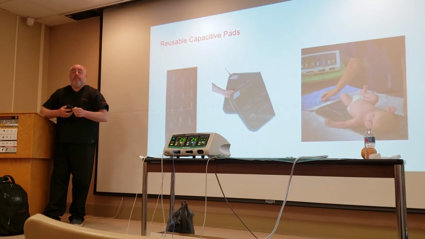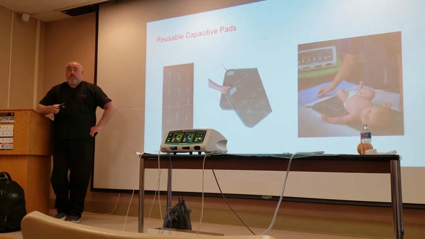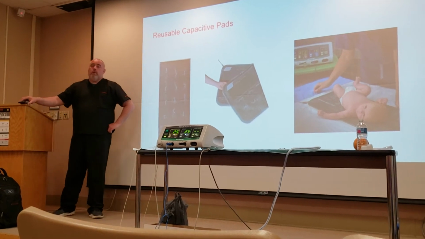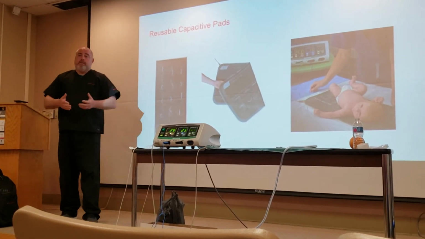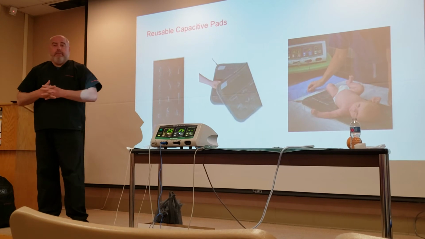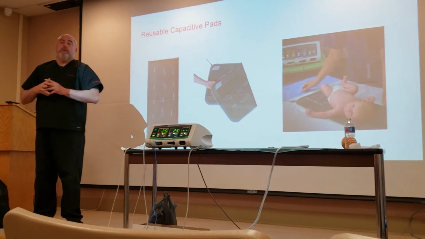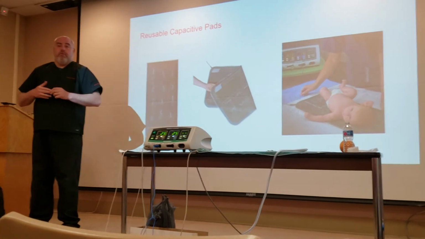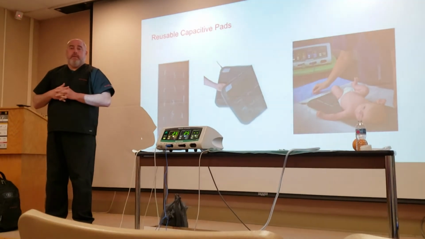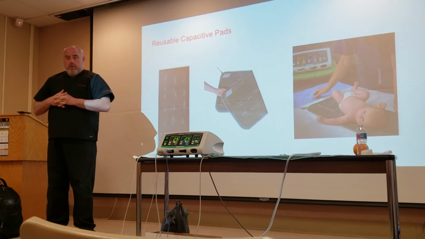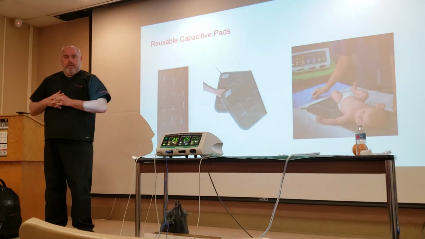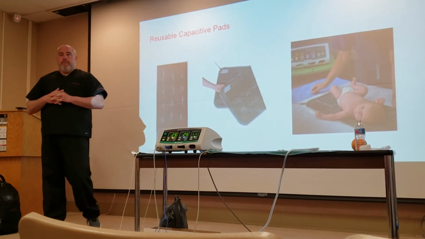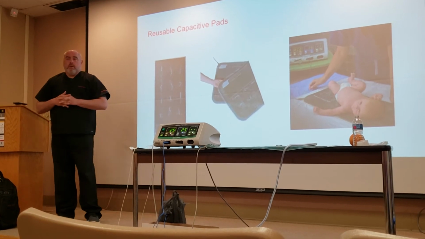Does the patient have to be directly on that, or can there be like a sheet layer? There can be a sheet layer. Now, obviously, the more sheet layers you have, the less likely there's going to be electrosurgical effect induced through the insulator and the material. So, you know, you can do it, but you don't want to put too many there. So it's not a good idea to put a prone pad on top of that?